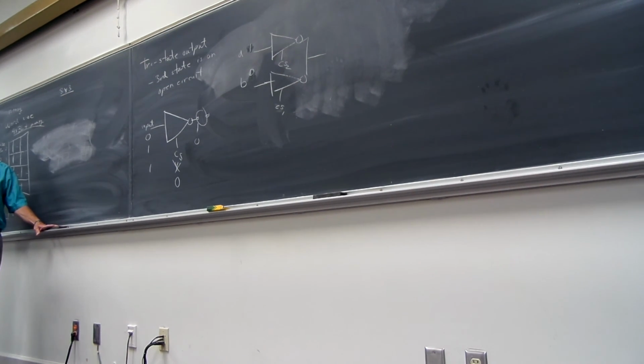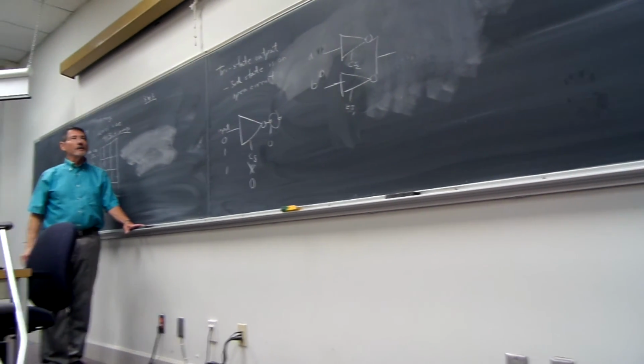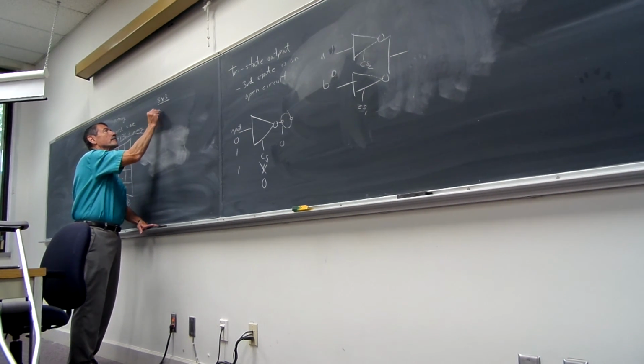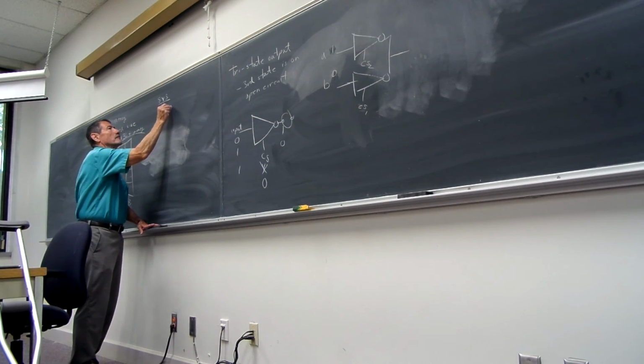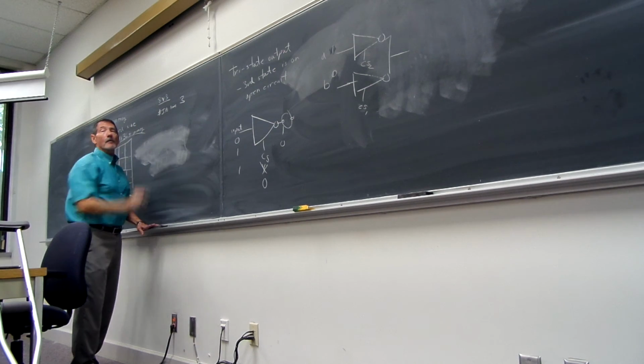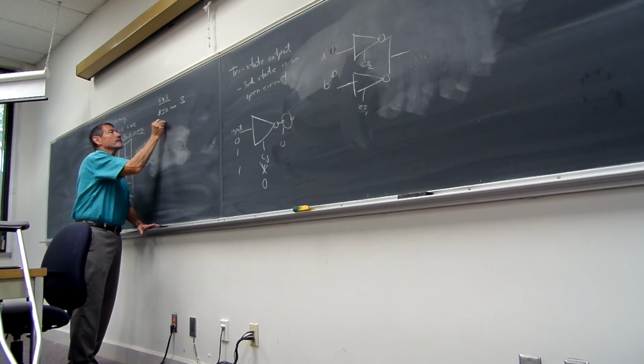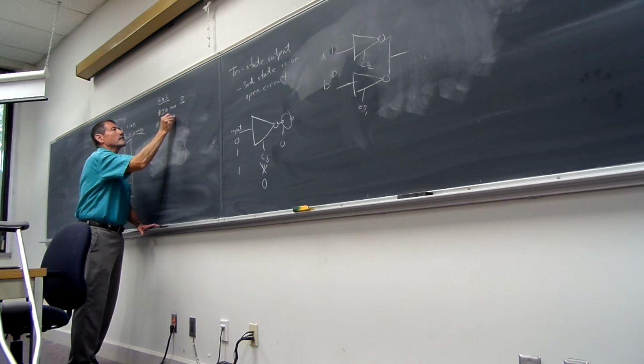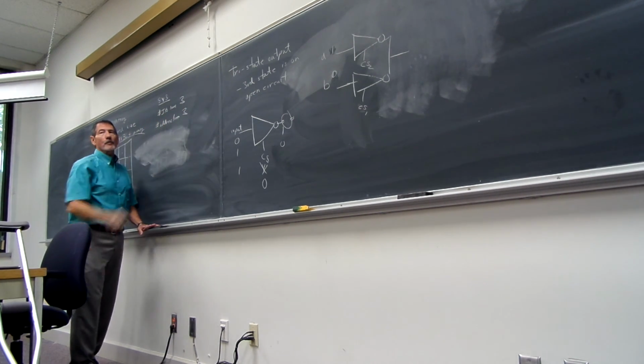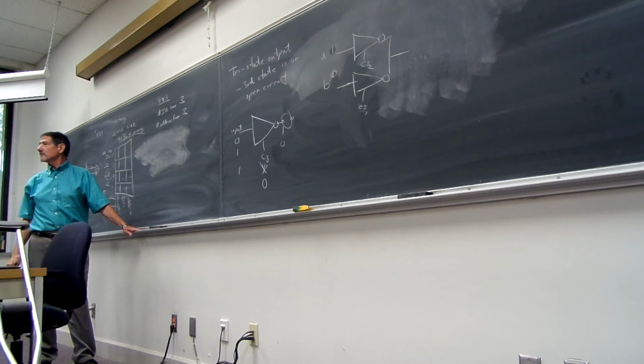So, because it's an 8x3, number of I/O lines, 3. Number of address lines, 3, because 2 to the third is 8.